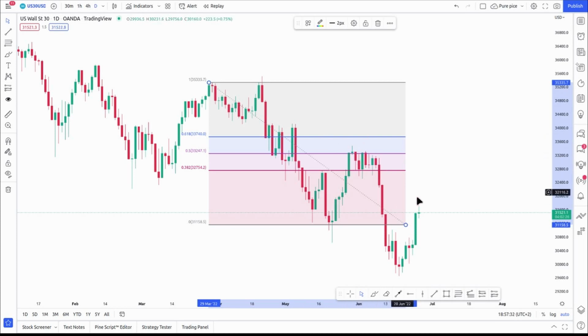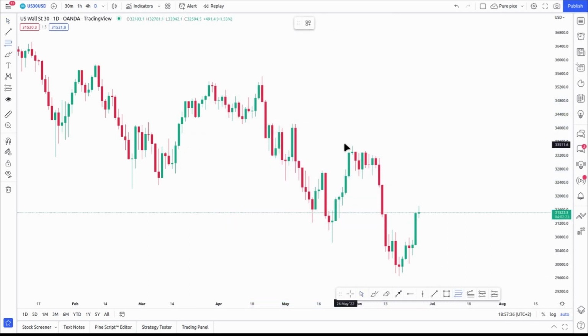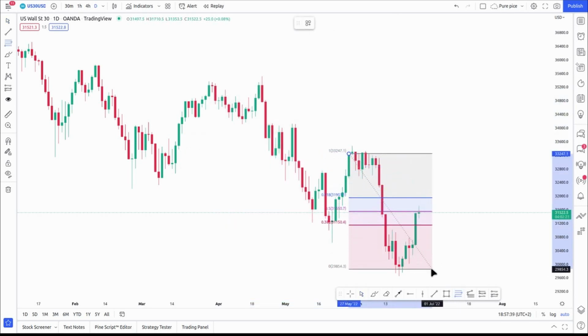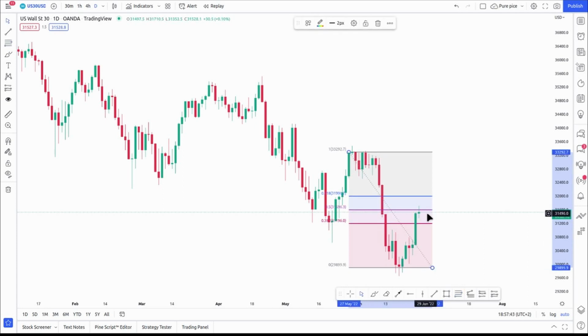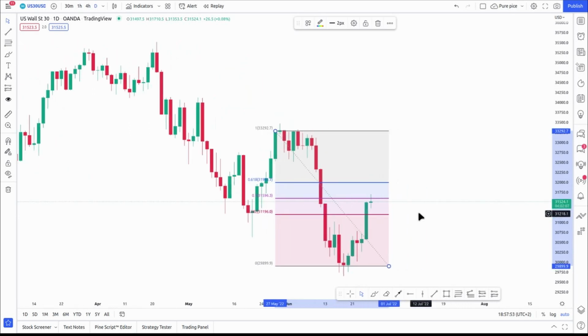And even in this part, you can implement that Fibonacci tool, put it all the way there and drag it all the way down. Let me just fix it. As you can see, currently price is at the 0.5 level, but it will be hard for you to make a decision from there without seeing signs that the market is indeed going down, because you can press the sell button around this area, or that area, or that area, but the market can still go up.